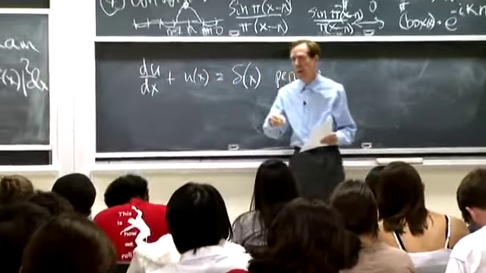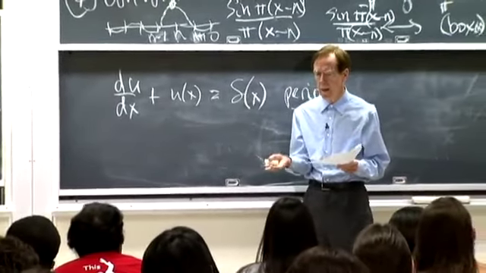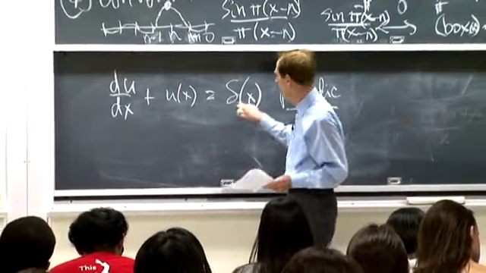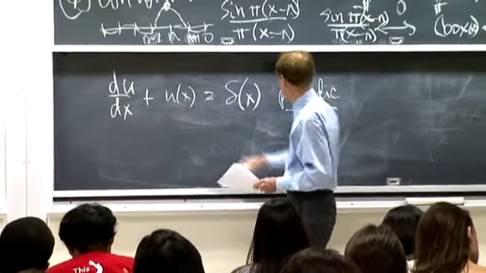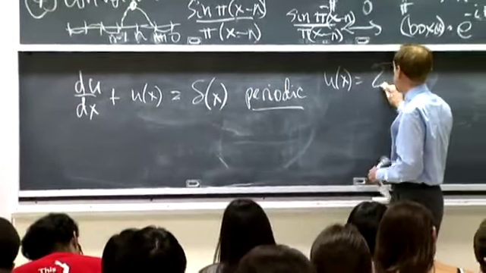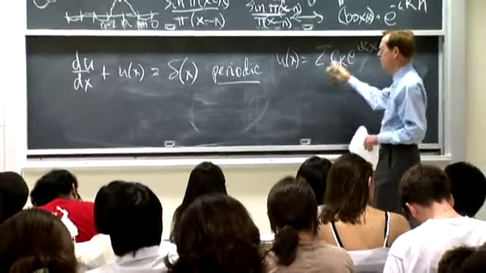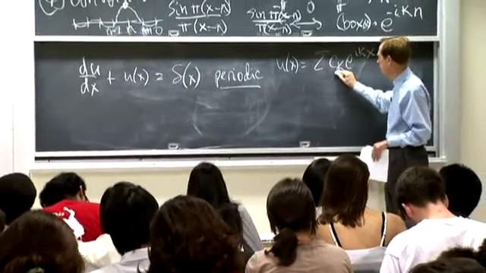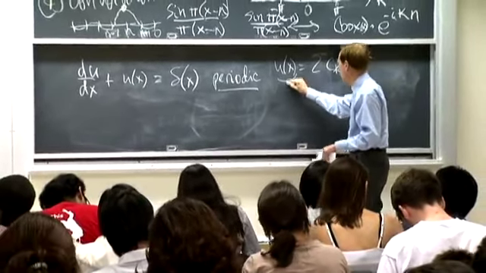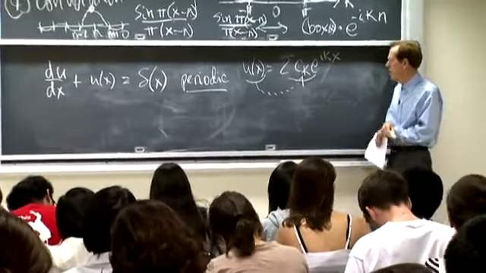Since we're doing periodic, we're going to go to coefficients. I think of u of x. Shall I just call its coefficient c? It's the only function I have around, so I might as well use c. Here's the function, and Fourier takes this to the set of coefficients.